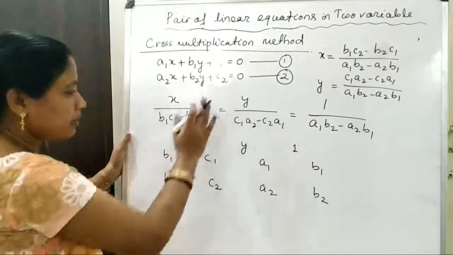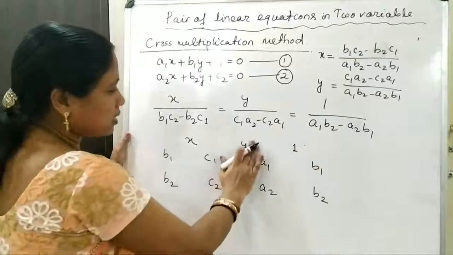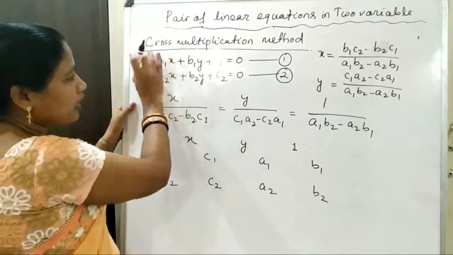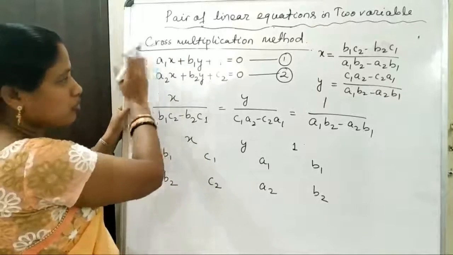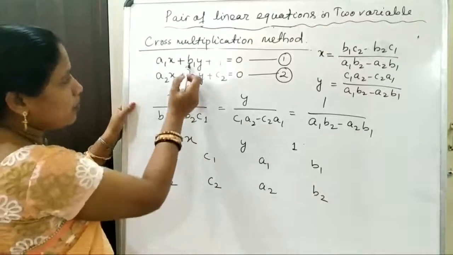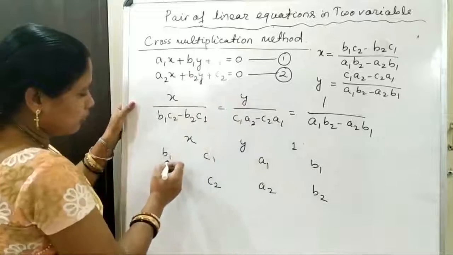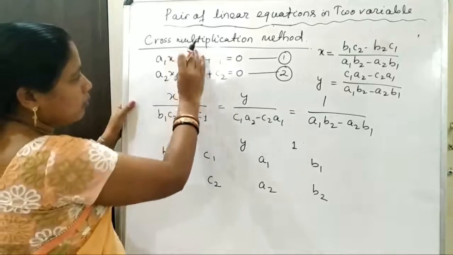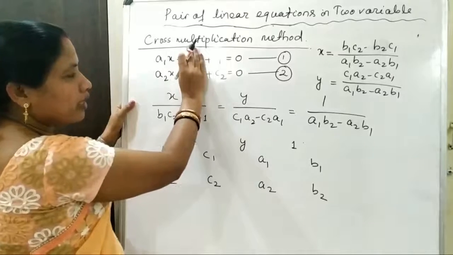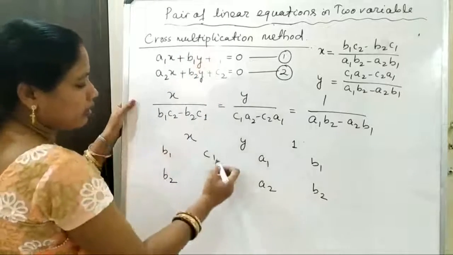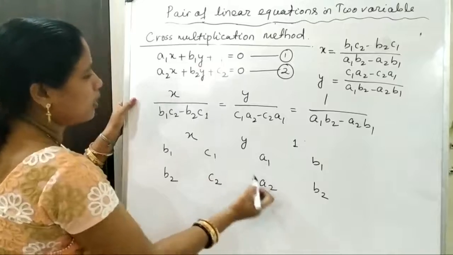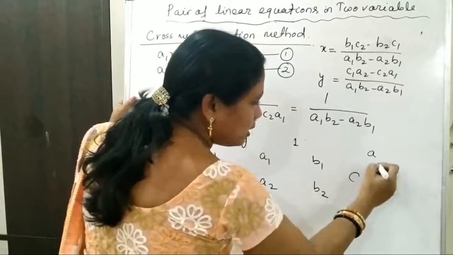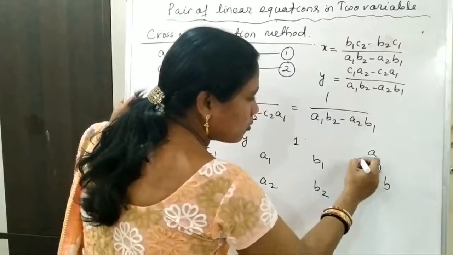For easy remembering, you can do this: for x, you hide the terms containing x, and write b1 c1 b2 c2. Then you hide the terms containing y, and write c1 a1 c2 a2. This goes in a clockwise direction.